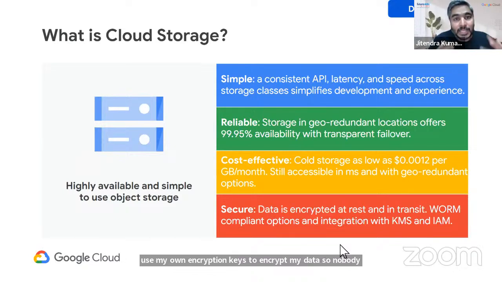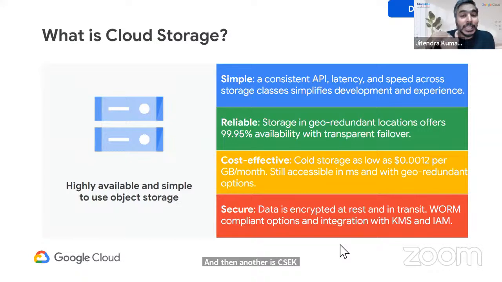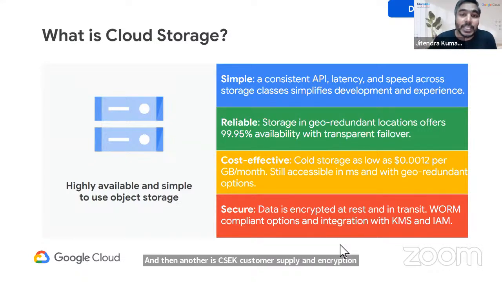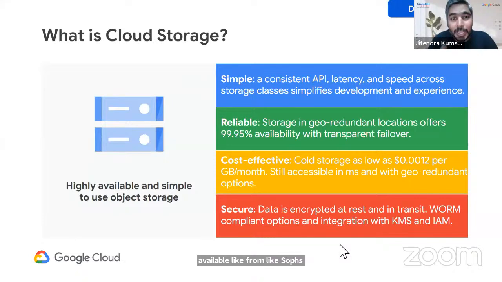Making your data as secure as possible. And then another is CSEK, customer supplied encryption keys, as well as third party encryption keys. Basically, there are encryption clouds which are available, from the likes of, say, Thales, Fortanix, Ionic, which is called EKM, External Key Manager, right?